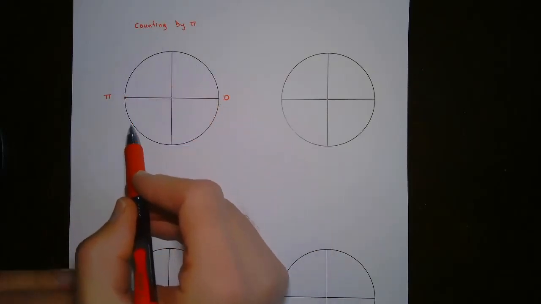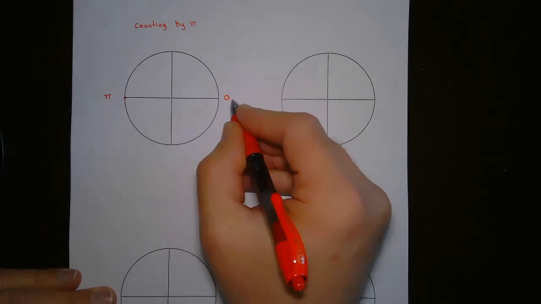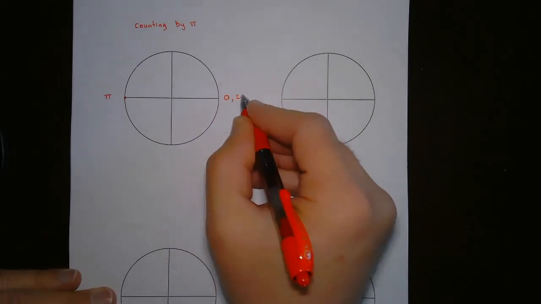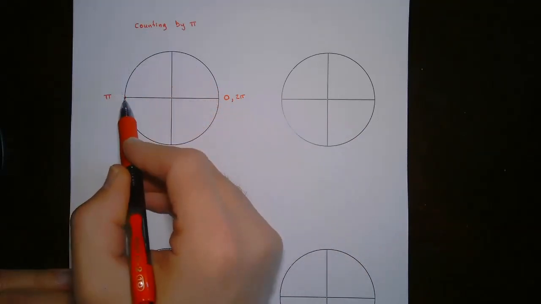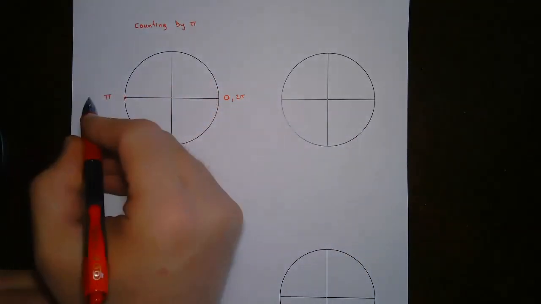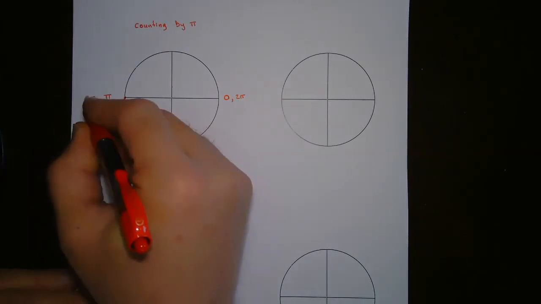If we keep going all the way to right here, back to where we started, that would be 2 pi, so I'm going to put a comma, 2 pi. Keep going. Now we're back to here. That would be 3 pi. I'm going to put the comma over here, 3 pi.